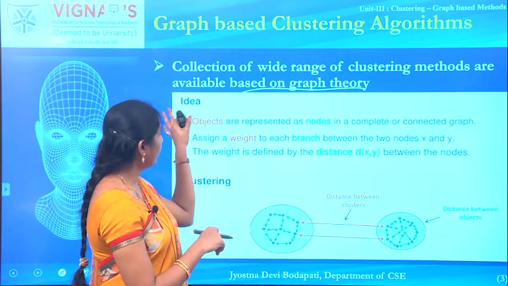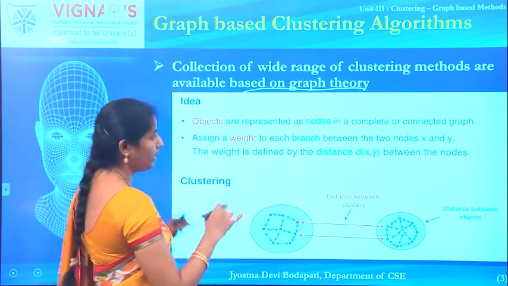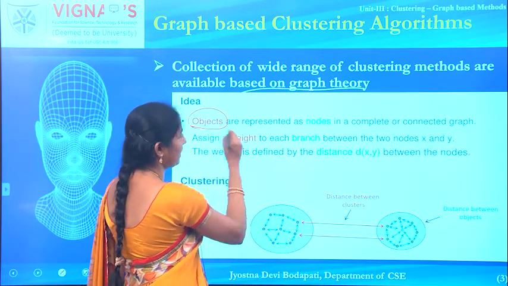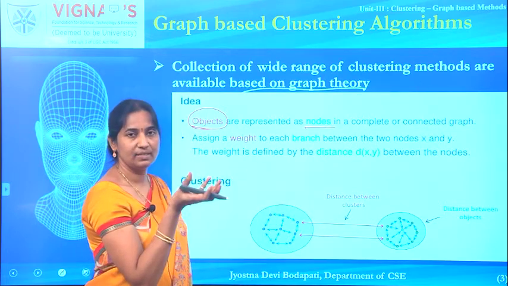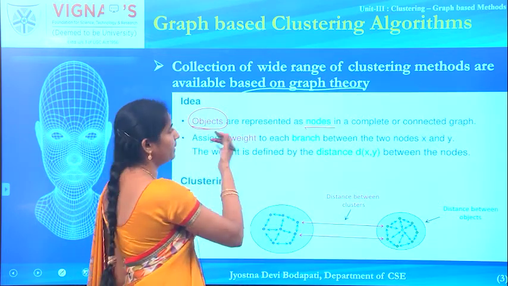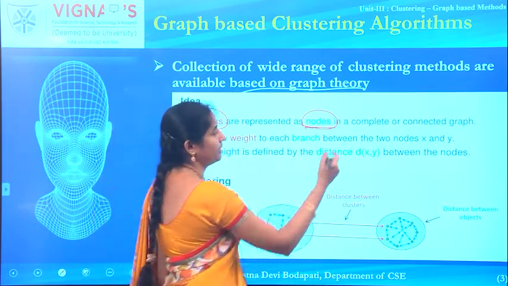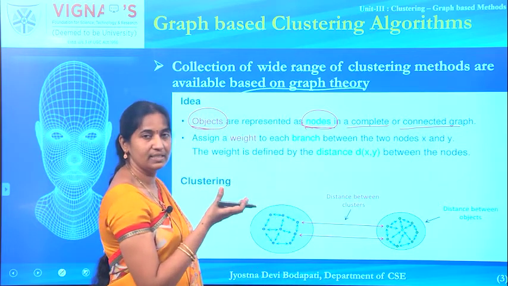For the construction of the graph, the idea we follow is that the objects are represented as nodes in the graph. We will be given the data objects in the data set, and every object will be represented as a node in the graph. The graph could be either a complete graph or a connected graph, depending on the data given to us.